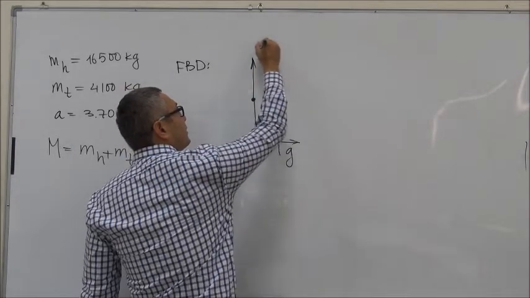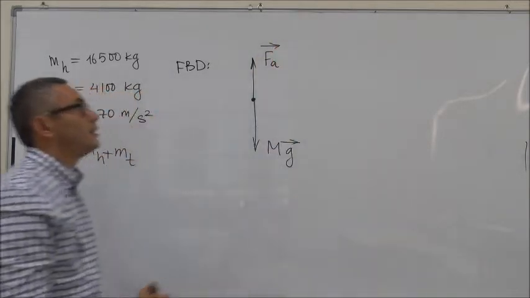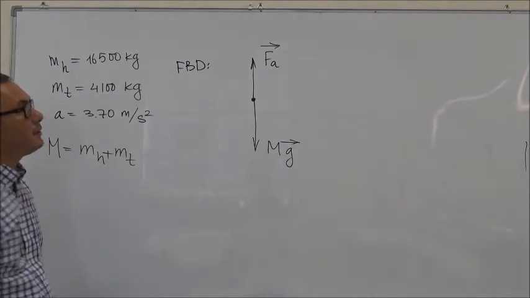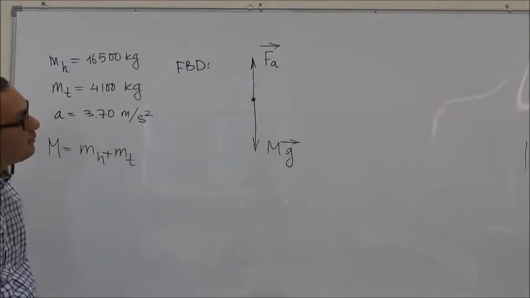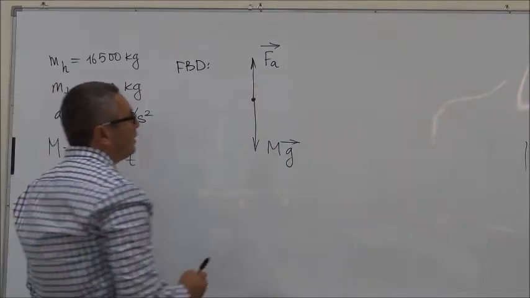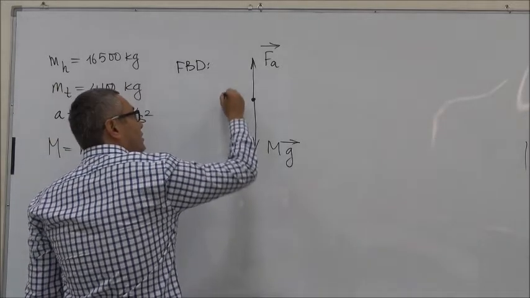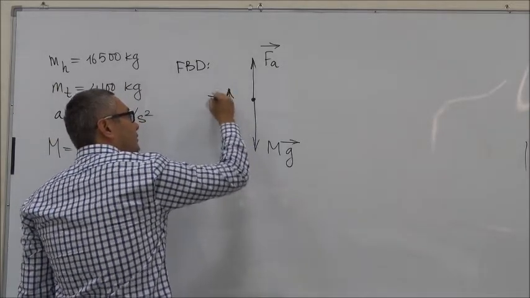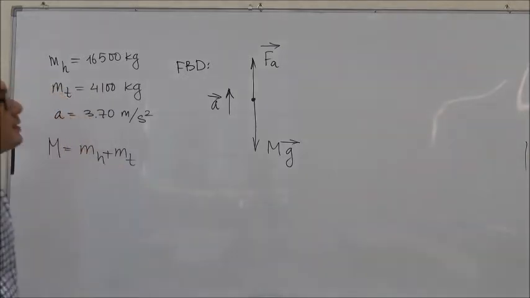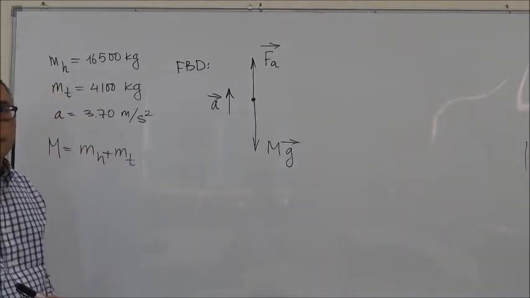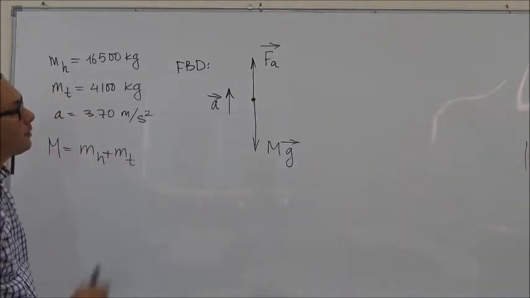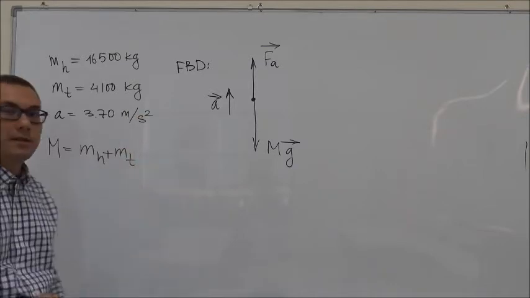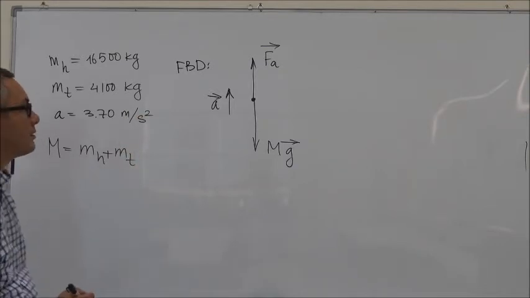That is the force that the air exerts on the blades of the helicopter. That's why I have a subscript A, Fa. And the acceleration is pointing upwards. So the system is accelerating upwards. So this is the free body diagram for this problem. We have the forces and we have the direction for the acceleration.